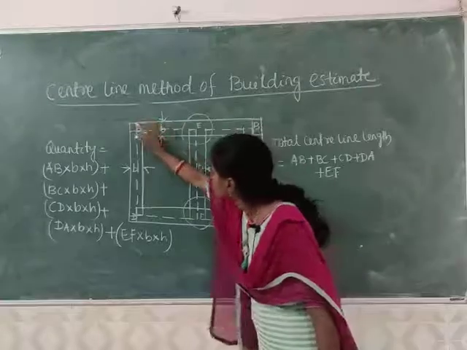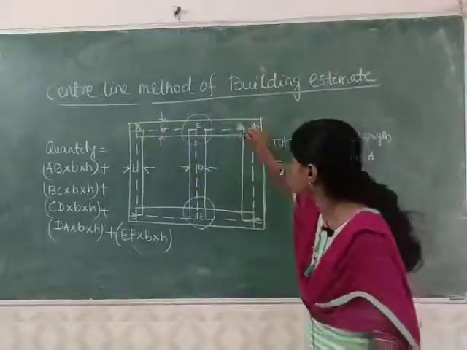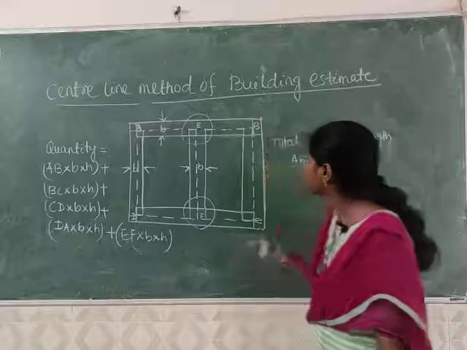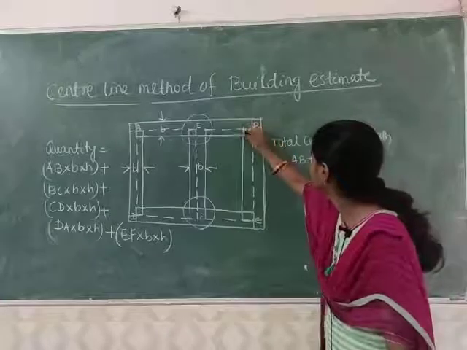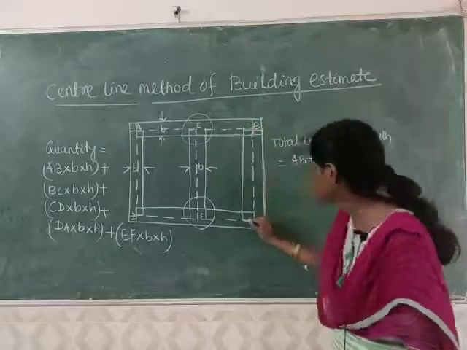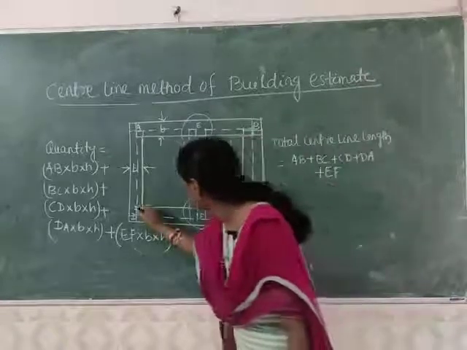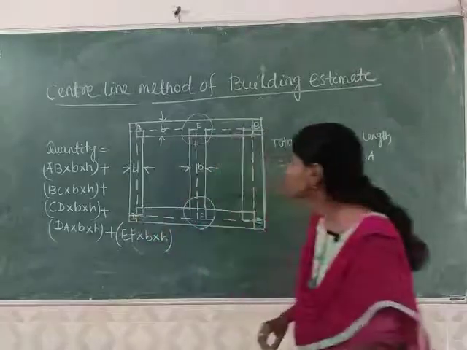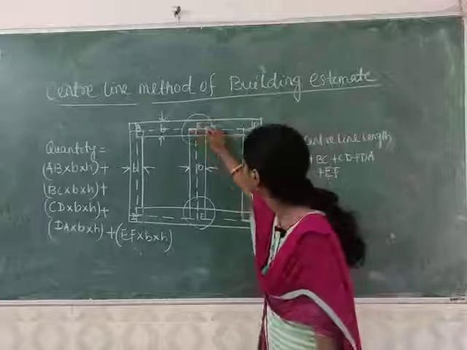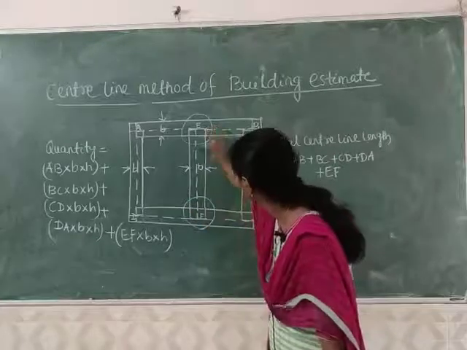So, we are taking this portion, and similarly for BC, this is the portion. For CD, this one is the portion, and for DA, this one is the portion, and for EF, this will be the total portion.